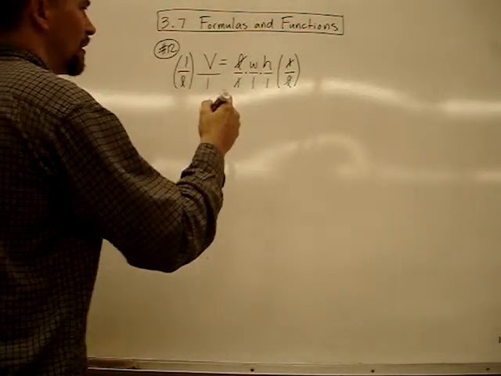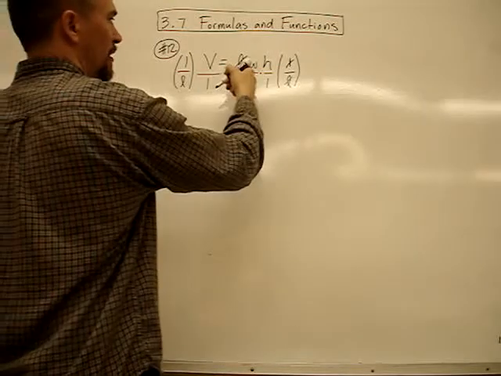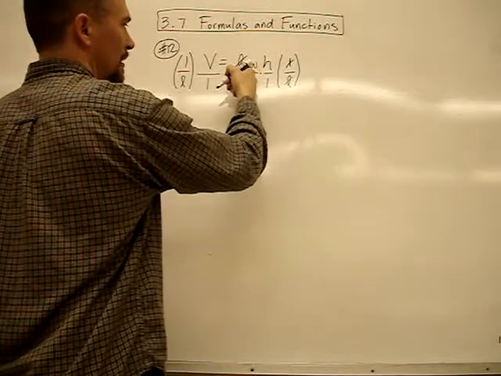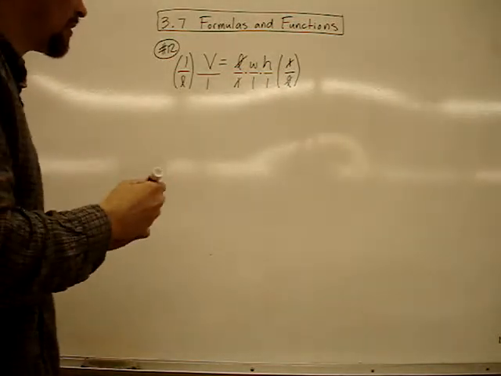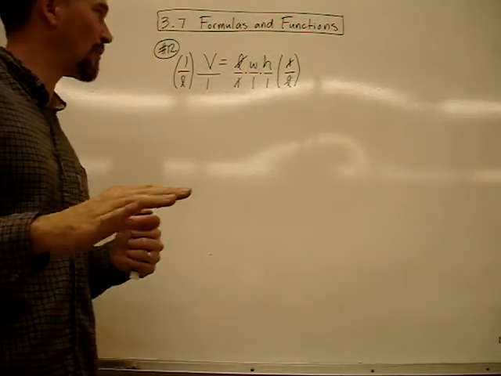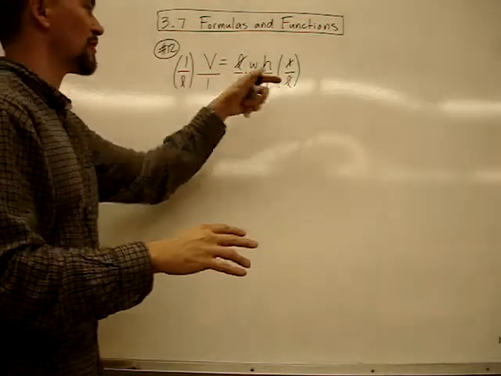So you might now wonder, if I can cross-cancel these, why is it that I can cross-cancel them? And I do want my students to know the reason that you can cross-cancel.